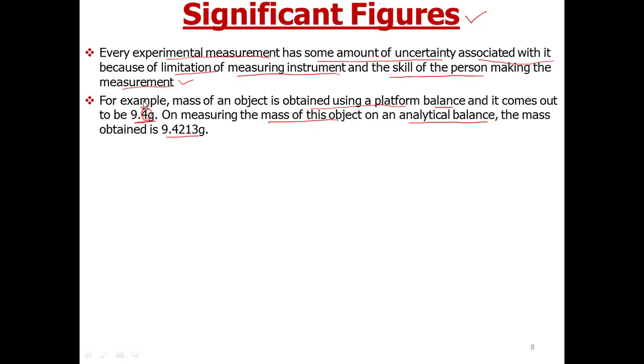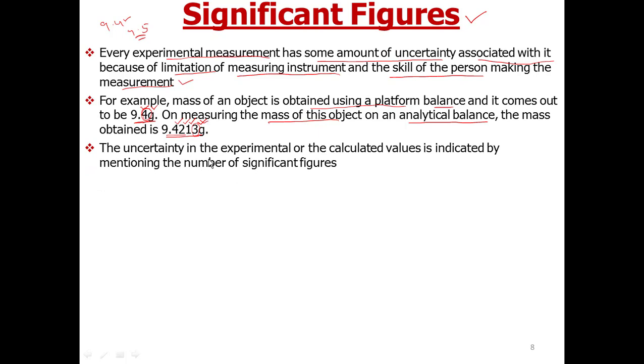We cannot say whether it is close to 4 or close to 5. But in the second, it is 9.4, which is certain, 2 is also certain, 1 is also certain. So the last digit is uncertain. In this measurement, the 3 is uncertain; we don't know whether it is 3 or 4 or 2. We can tell these 4 digits are certain, but this 3 is uncertain.